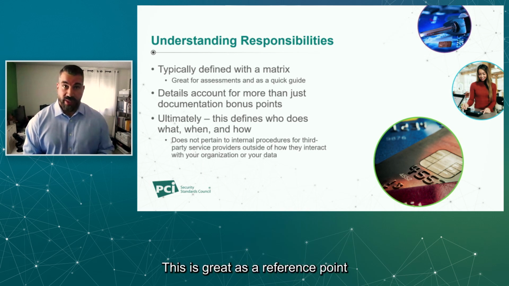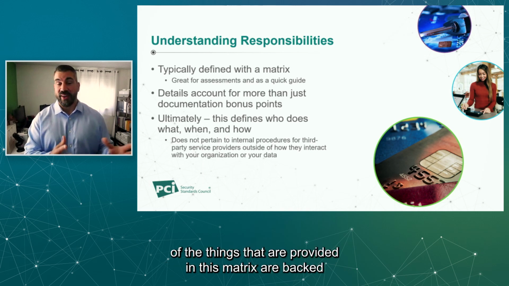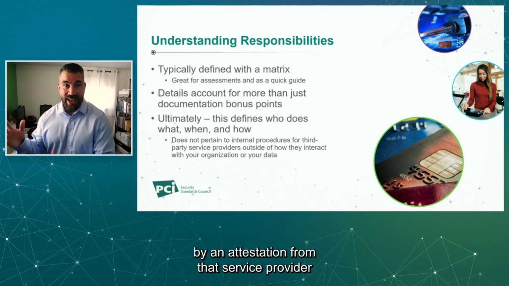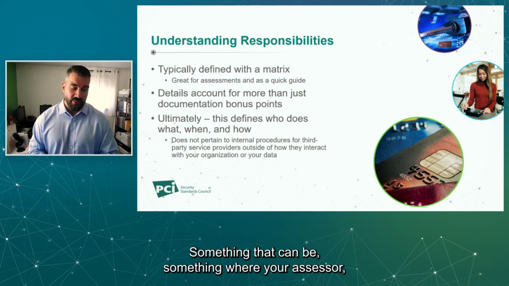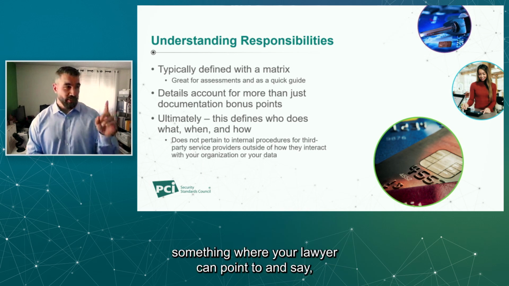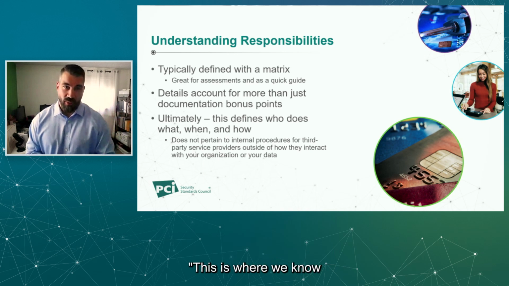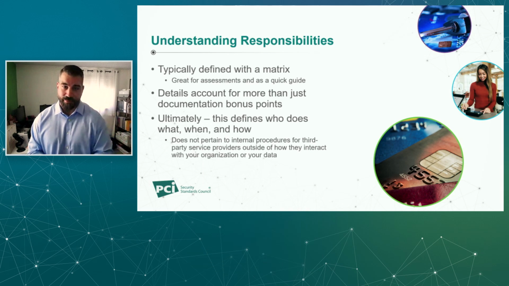This is great as a reference point, but it is important that any of the things provided in this matrix are backed by an attestation from that service provider, which delineates those services, at least by name, something that your assessor, something where your lawyer can point to and say, this is where we know that our service is being contractually identified.